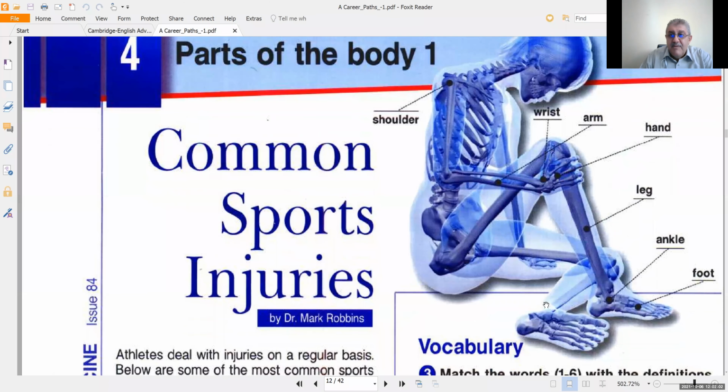These are some of the joints or bones of our body, and these are the parts where most accidents or injuries happen for sports people. Because they play football, they might hurt their ankle, their leg, their foot, their arms, their wrists, or their shoulders. Now listen, please.